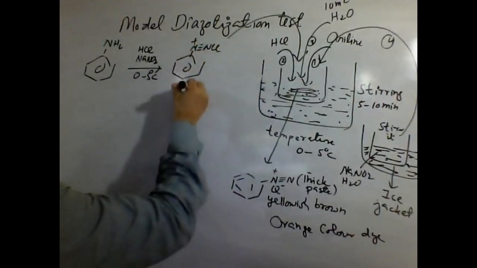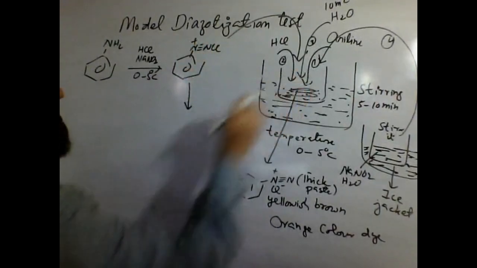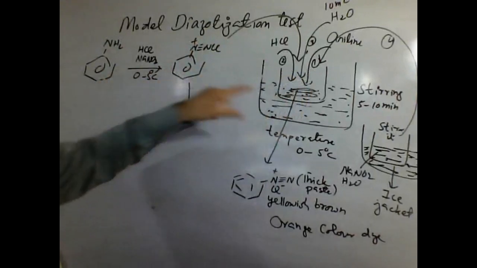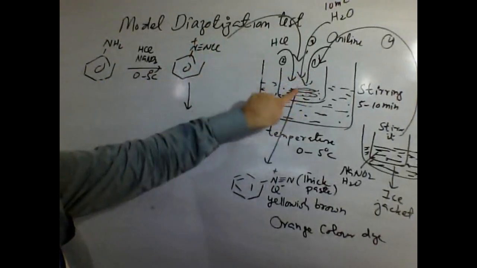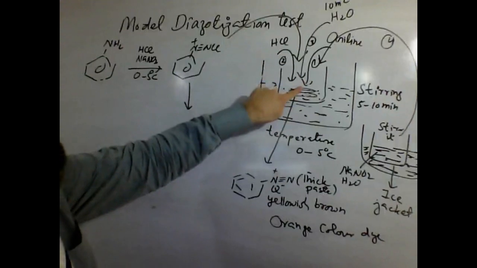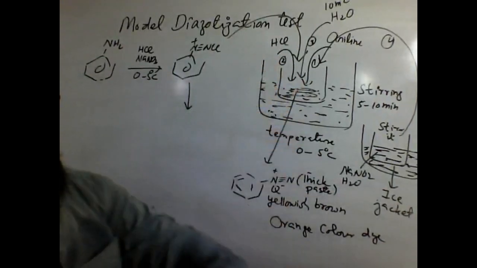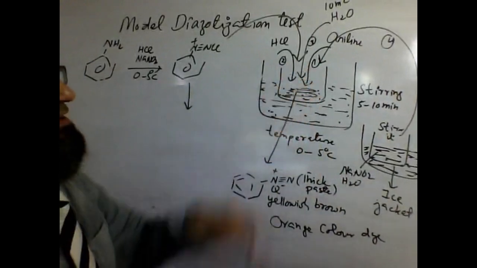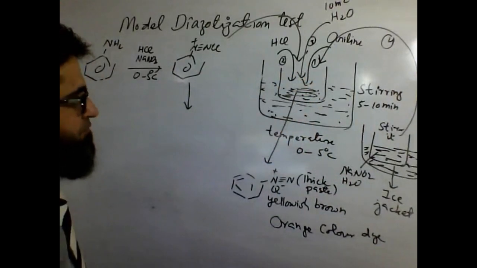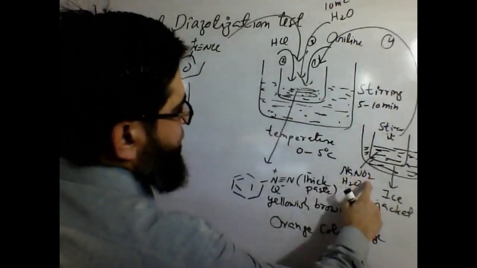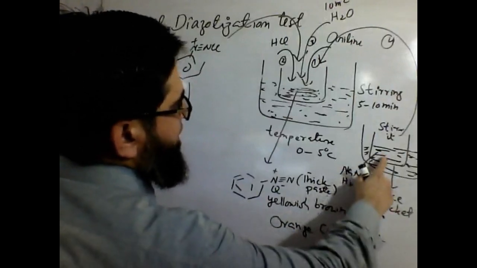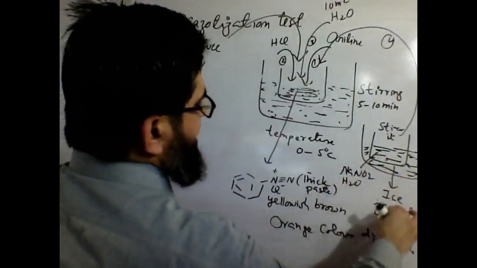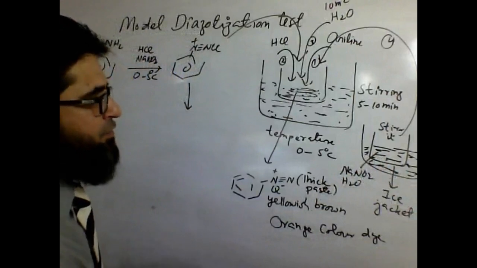Once you have performed the diazotization, let's say we put in aniline, we put in HCl, we put in water, we reduce the temperature to 0 to 5 degrees in the beaker along with constant stirring. We prepared NaNO2 solution in simple water and then put that in the ice jacket as well to reduce its temperature.